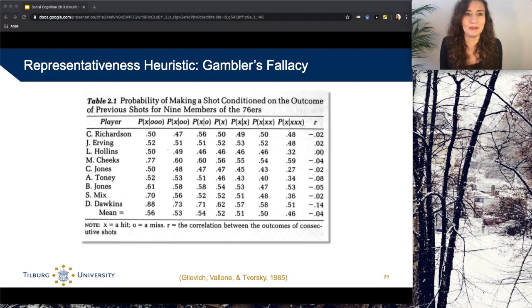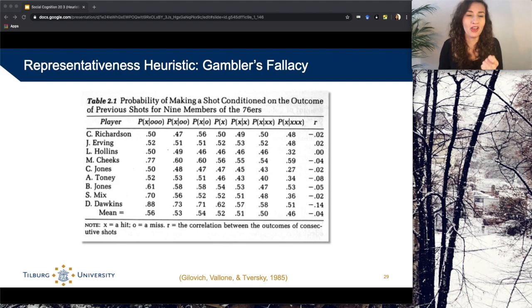And for them, here we have the probability of making a shot, so P of X, given either they made a shot before, so that would be given X, or that they didn't make the shot before, that would be a 0.